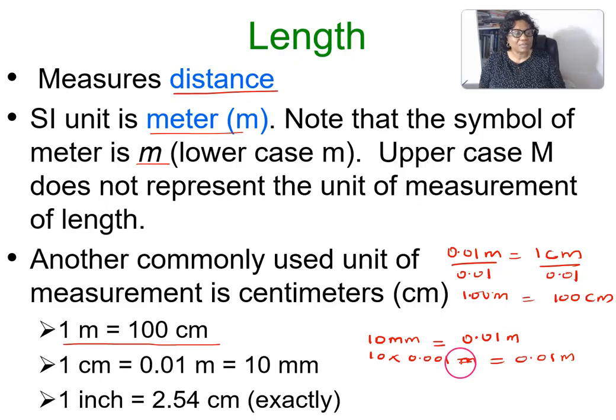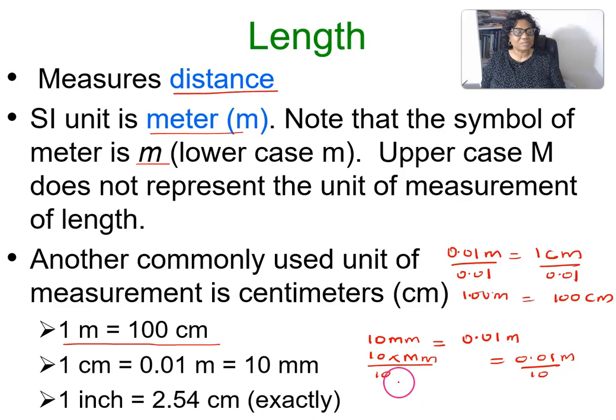Let's see. This is millimeters. So this is milli. Let's leave the milli here. I just wanted to put the milli. So this is millimeters equals 0.01 meters. So divide this by 10. Divide this by 10.